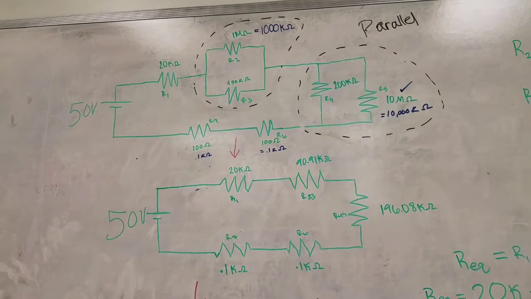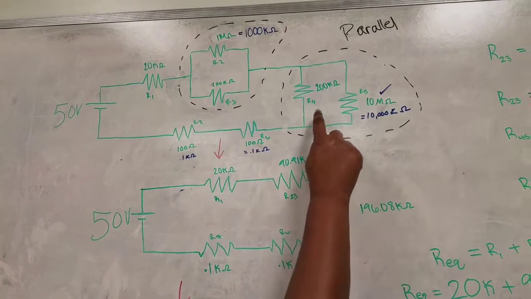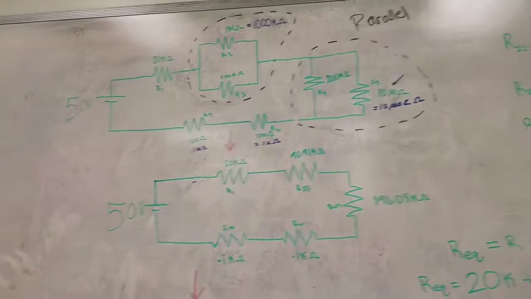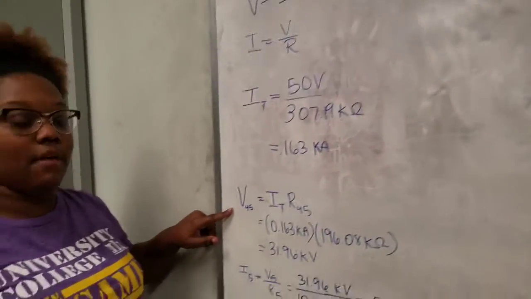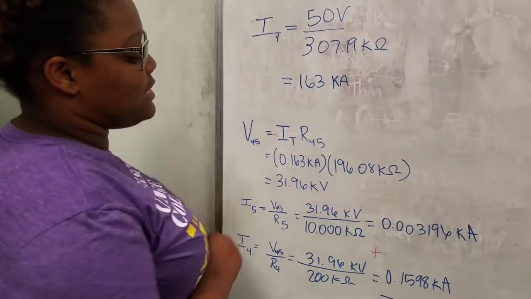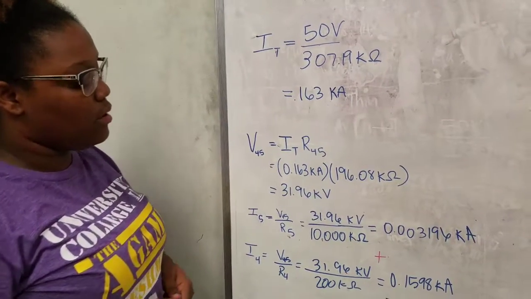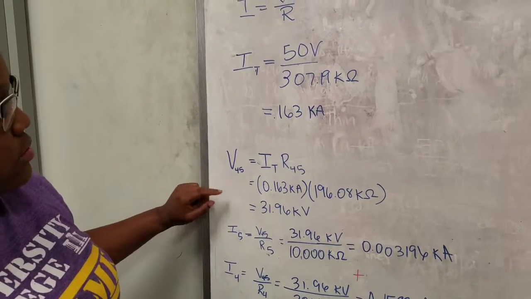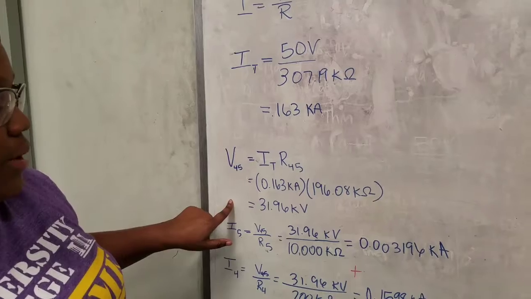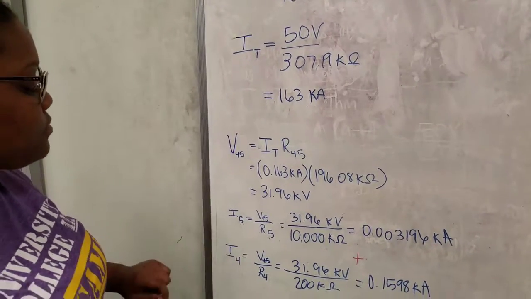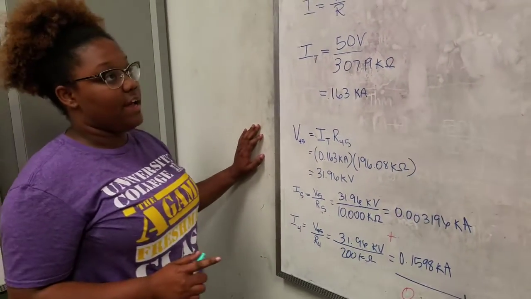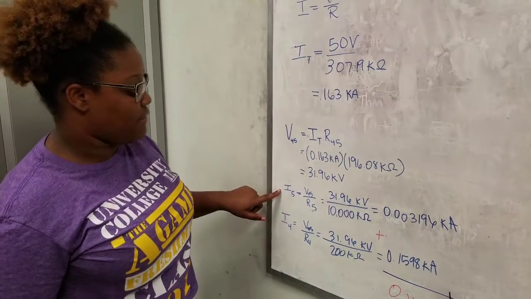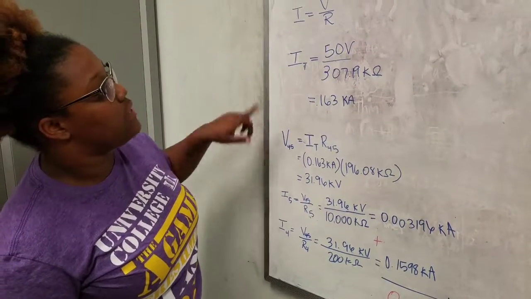So we'll be searching for the voltage drop at R45. So V45 would equal IT times R45, which would give us 31.96 kilovolts.